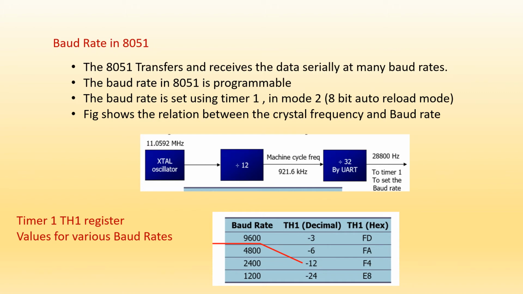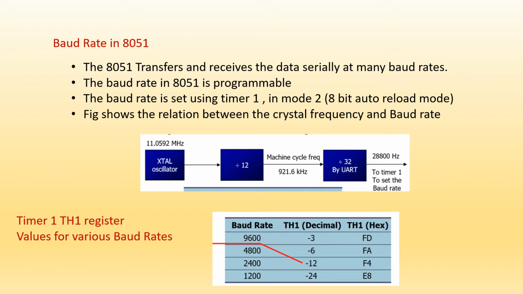Okay, so to set the baud rate, we are using Timer 1 in mode 2, where the initial value is loaded into the TH1 register. The figure shows the relation between the crystal frequency and the baud rate.